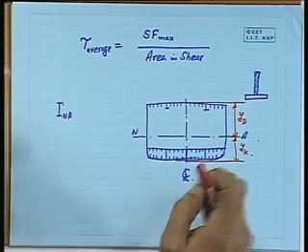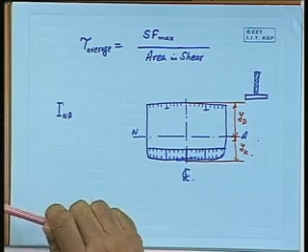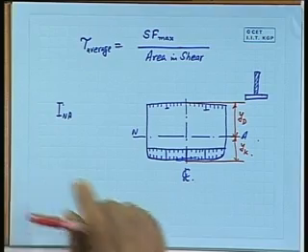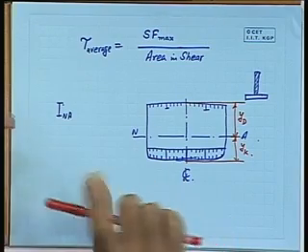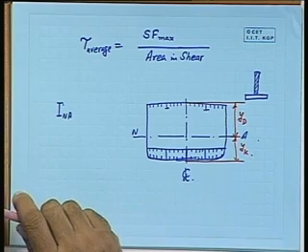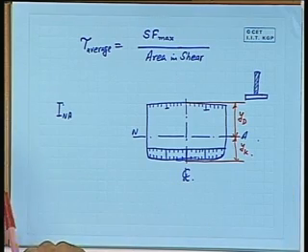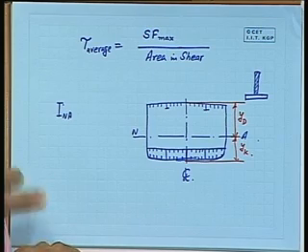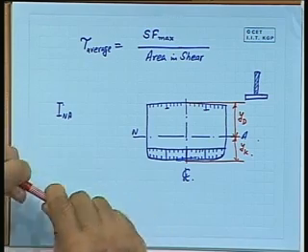Now when the ship undergoes, say, a hogging or sagging bending moment, if we take the hogging condition, then the deck is under tension and the keel is under compression. It is in hogged condition, and therefore the deck stress, which is in tension, and the keel stress, which is in compression, will have two different values.